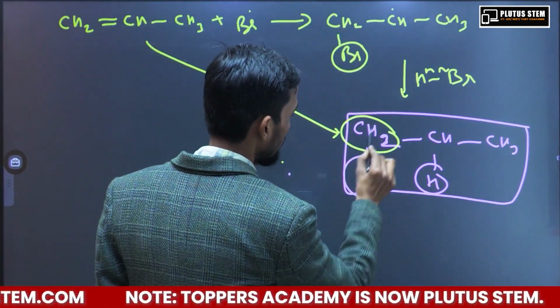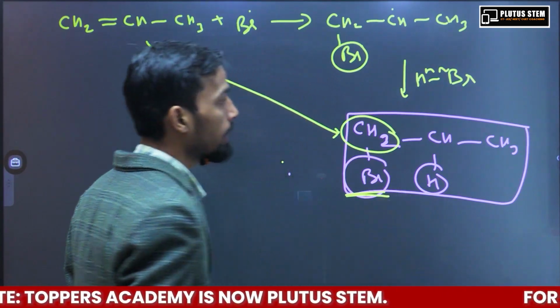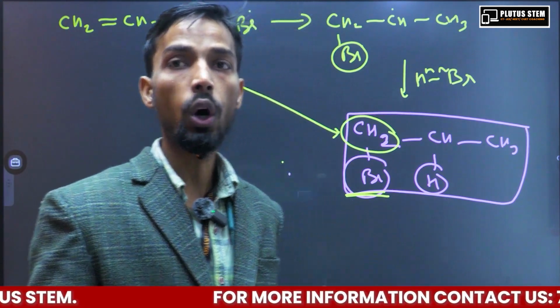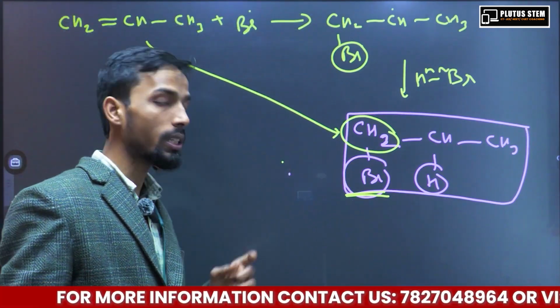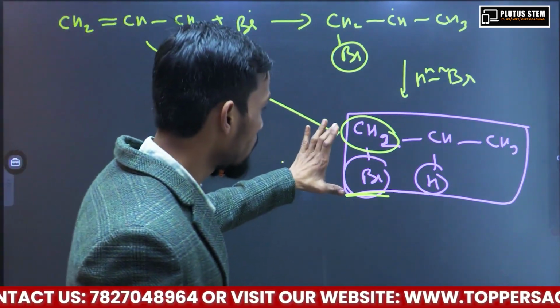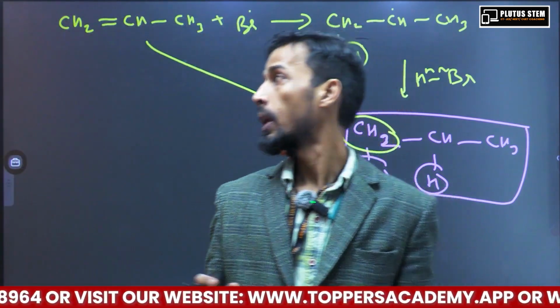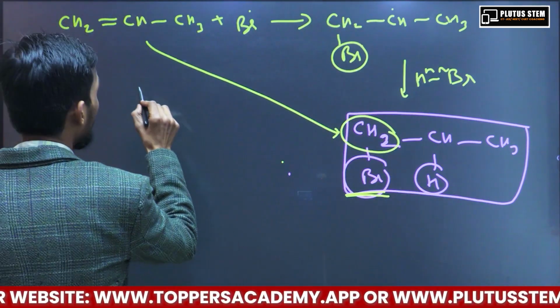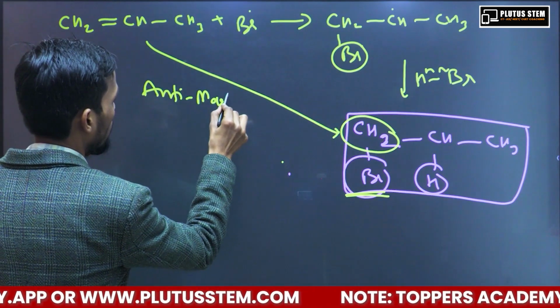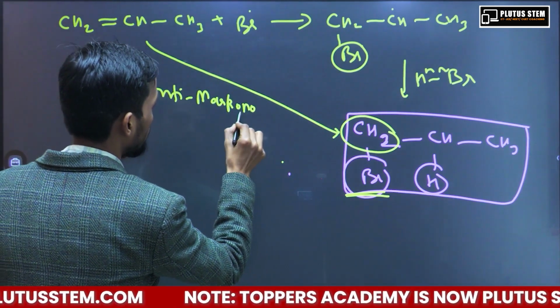But over here we can see it is adding to the carbon which has more number of hydrogen. So what is the thing we are going to see over here? We can see that this is the opposite of Markovnikov. So we call this anti-Markovnikov.